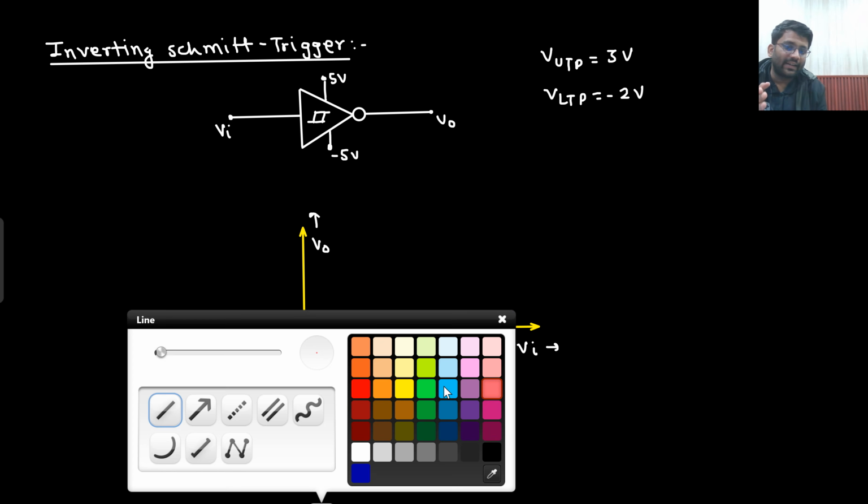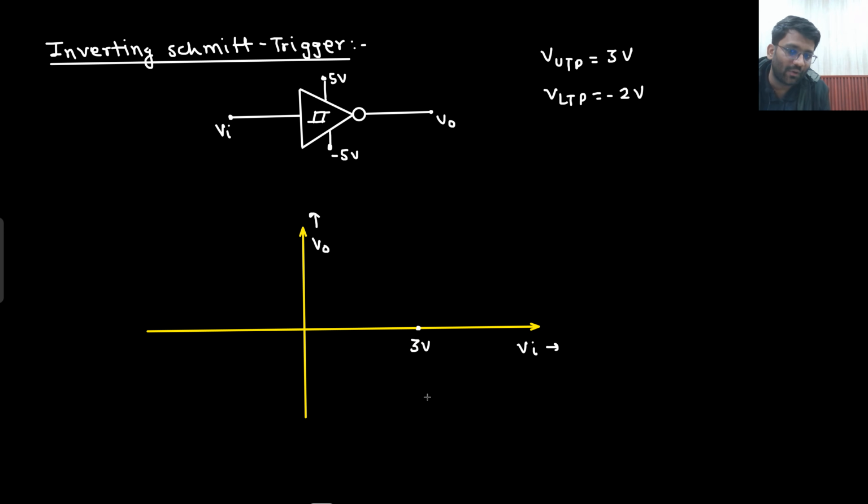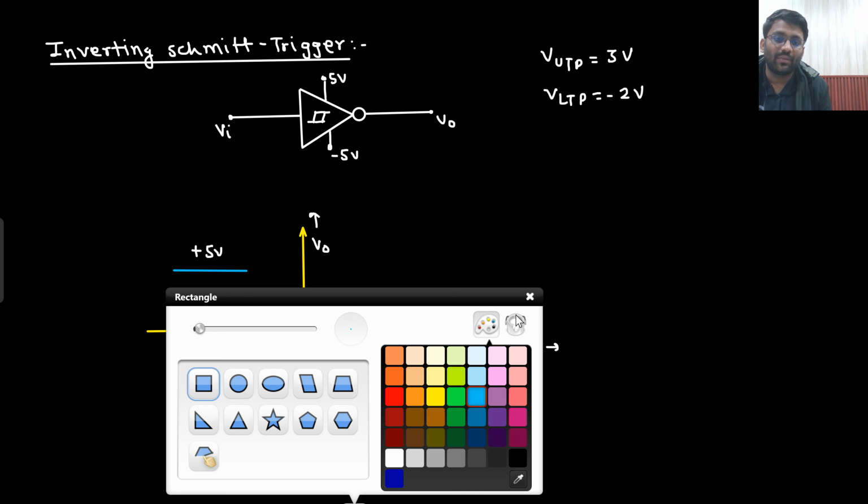So if your input is greater than 3 volt, then output will be low, that means minus 5. And if your input is less than minus 2 volt, then your output will be high, which will be plus 5. Is that understandable to you? Less than minus 2, plus 5; greater than 3, you will get minus 5.